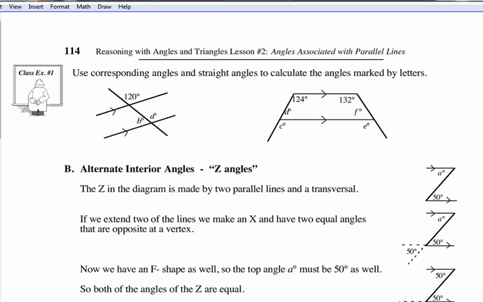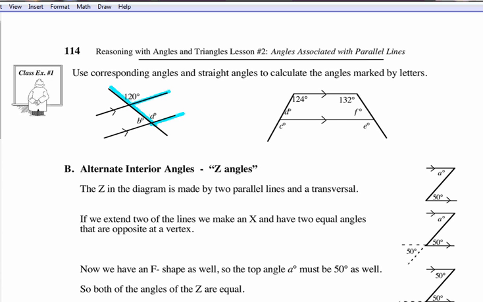Okay, so use corresponding angles and straight angles to calculate each angle marked by a letter. Let's first find the first corresponding. Do you see the first corresponding? Here is my transversal and then parallel line, parallel line.